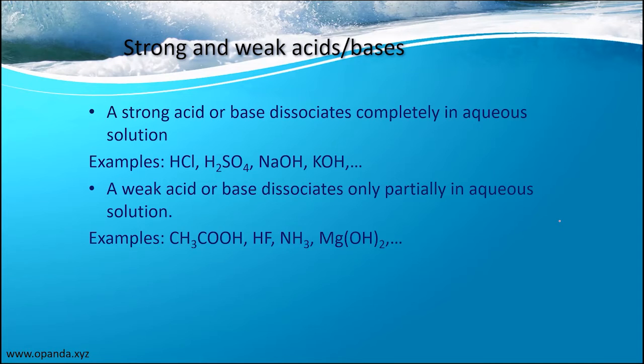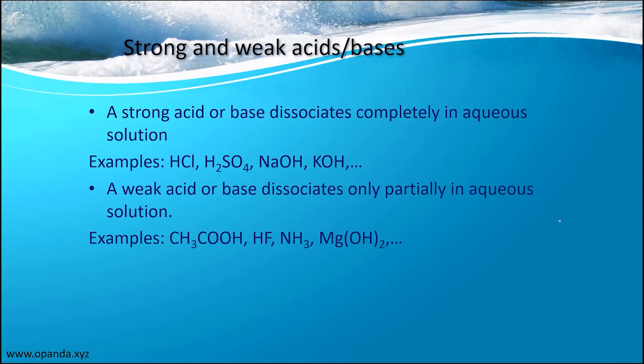So this concept, and even the simulation, can be used by Senior 2 students, where they study the strong electrolytes and weak electrolytes, because strong acids and bases are also strong electrolytes. Weak acids and weak bases are also weak electrolytes.